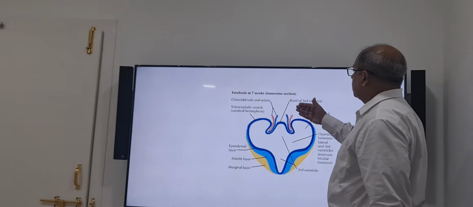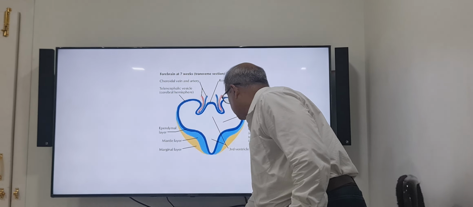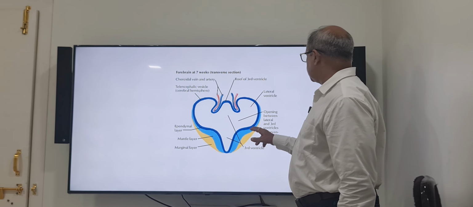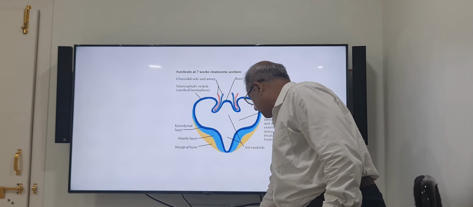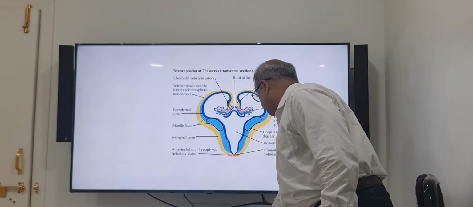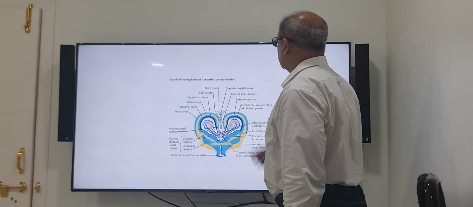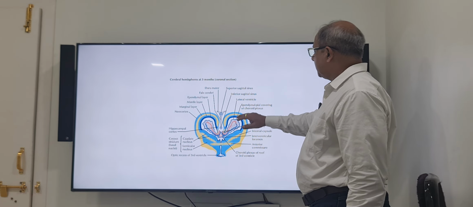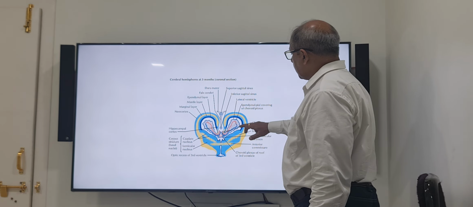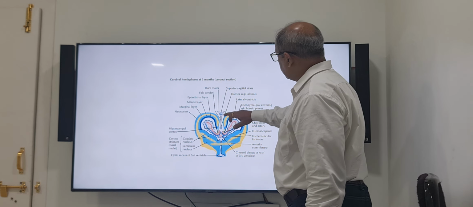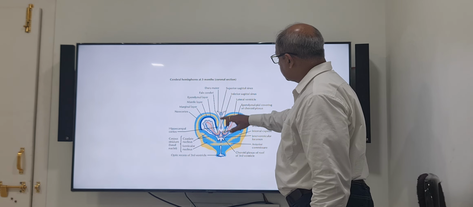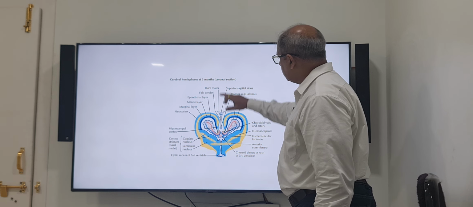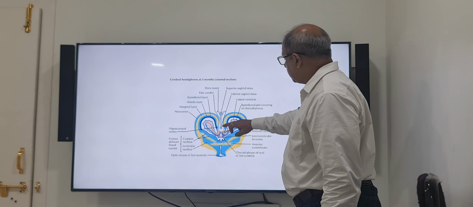The same at 7 weeks. This was 7 weeks, and after that this is 7.5 weeks. At the third month, in the same telencephalic area, you see there will be formation of the superior sagittal sinus. The dura mater is divided into two, and the dura mater goes down, and it makes the falx cerebri.